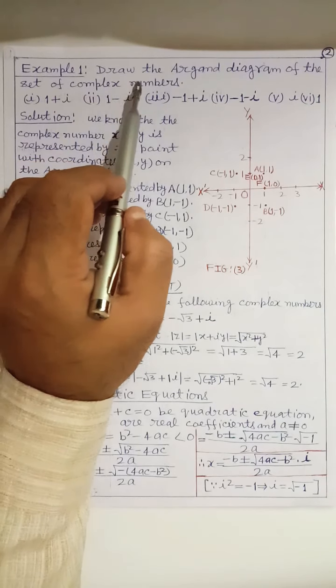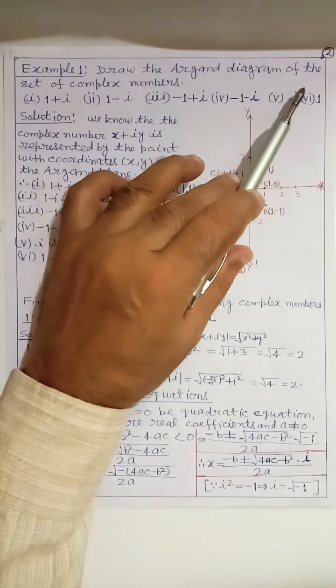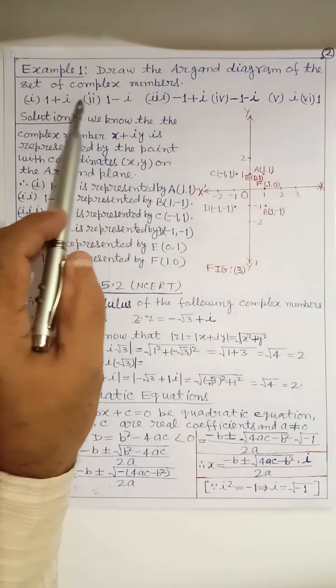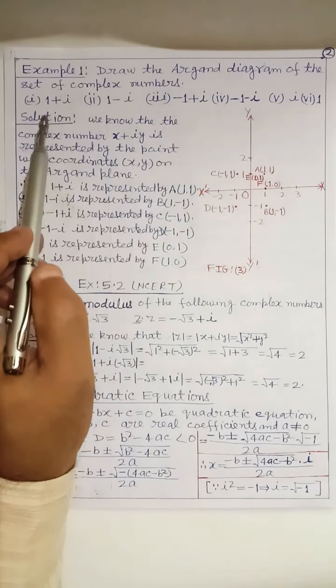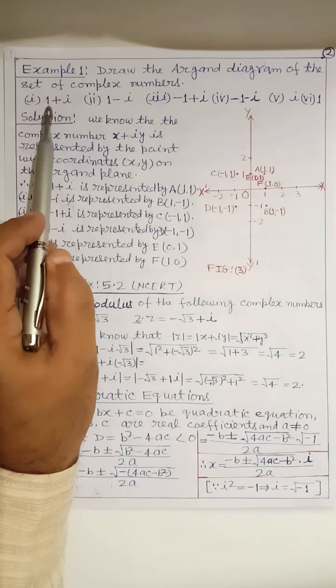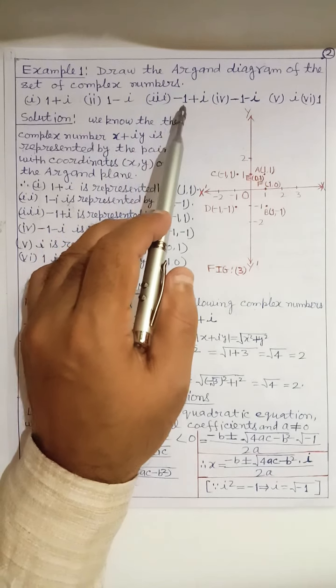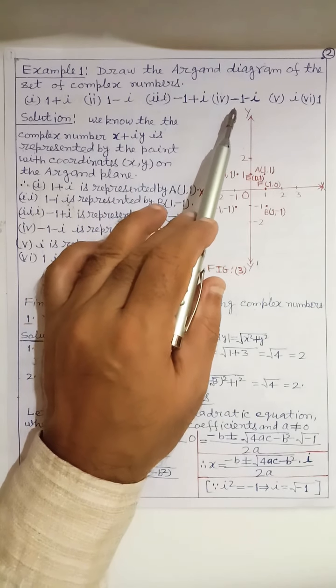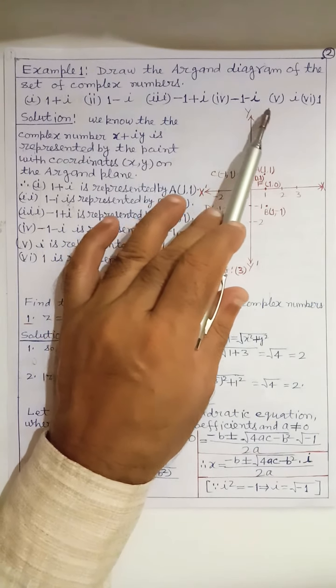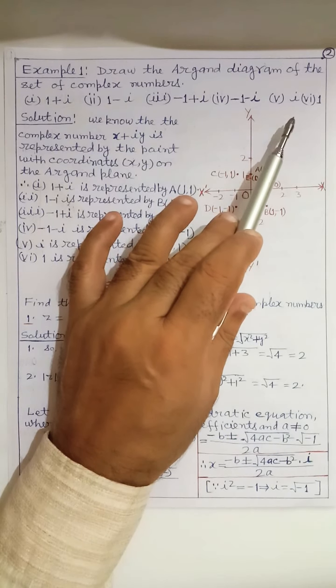Taking an example, draw the Argand diagram of the set of complex numbers: first 1 plus i, second 1 minus i, third minus 1 plus i, fourth minus 1 minus i, fifth i, and sixth 1.